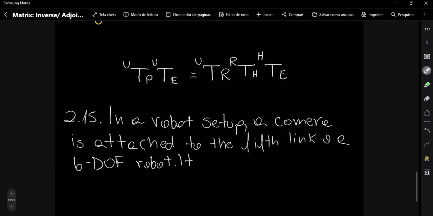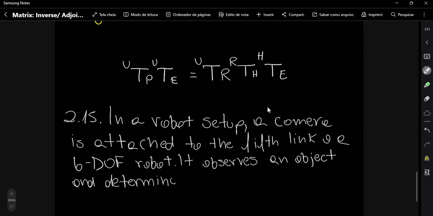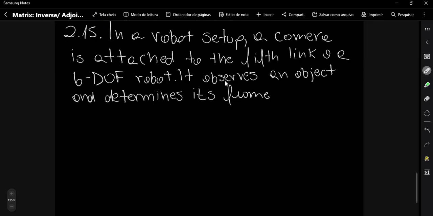It observes an object and determines its frame relative to the camera frame.